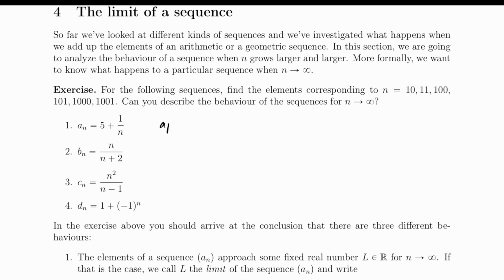And here we said, okay, the first one approaches 5 because 1 over n for rising values of n just gets smaller and smaller. So overall this just approaches 5.